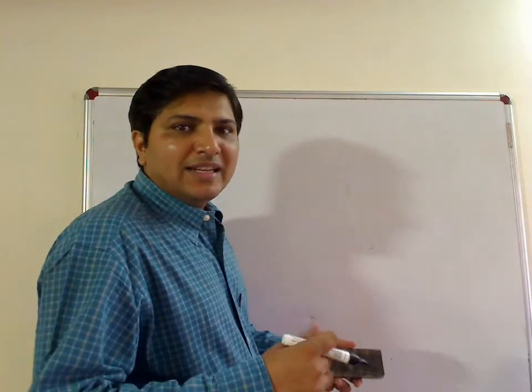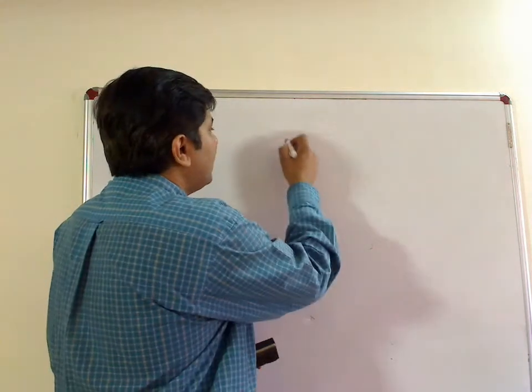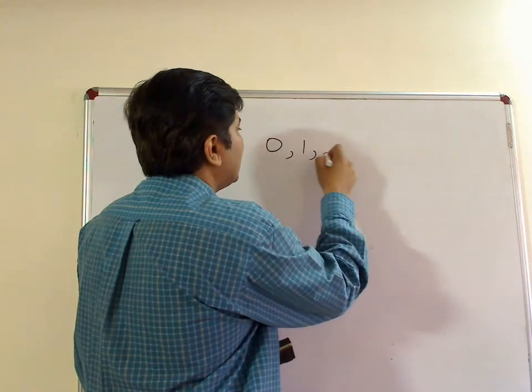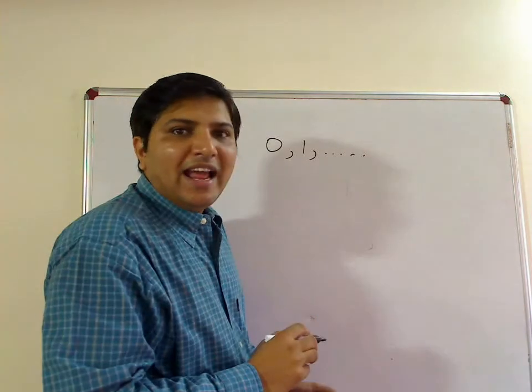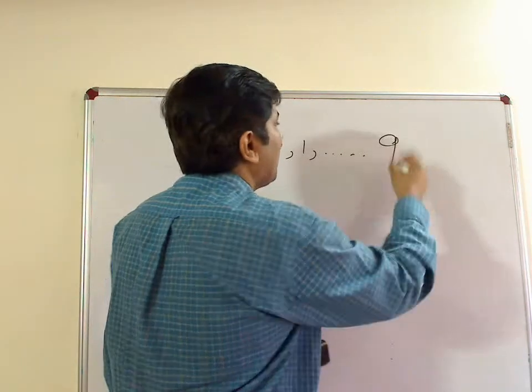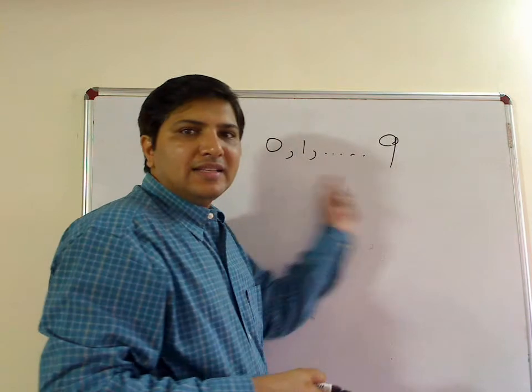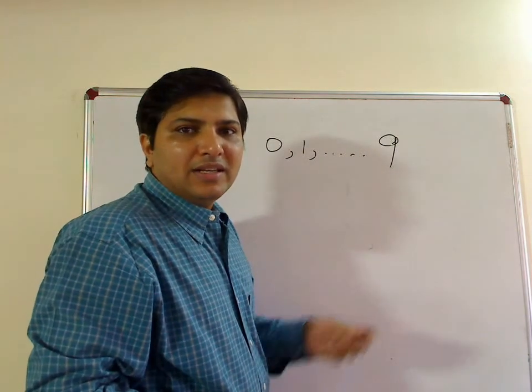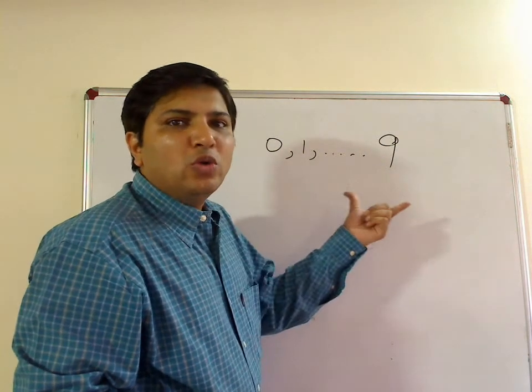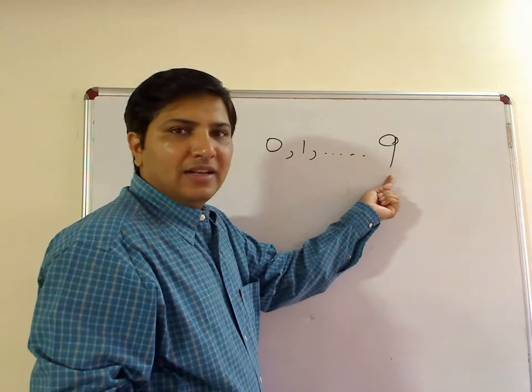Okay. Now, a simple concept, please try and understand. In our number system, which is the decimal number system, we start writing from 0, 1 onwards and we reach 9. This is our number system, 10 digits. What do we do after we reach 9?